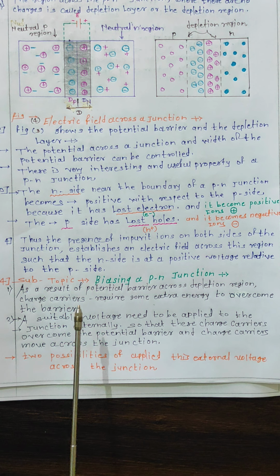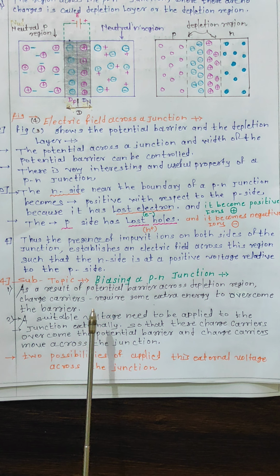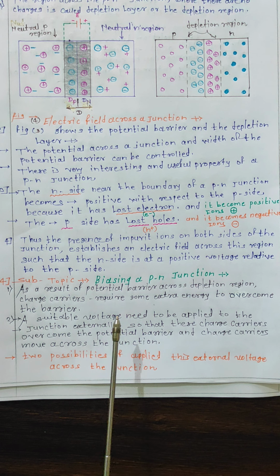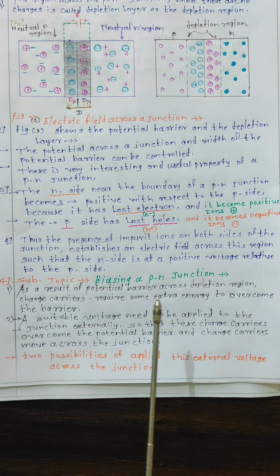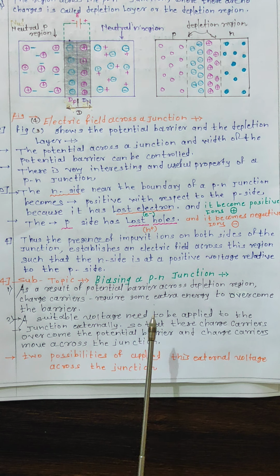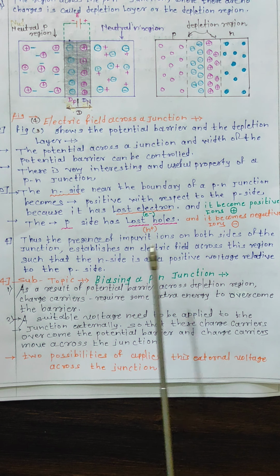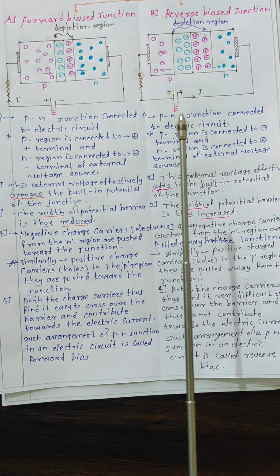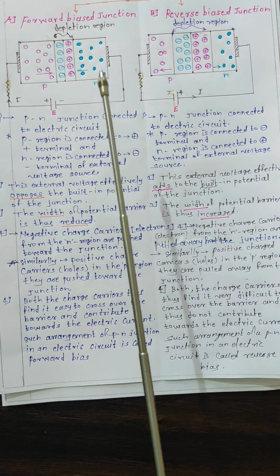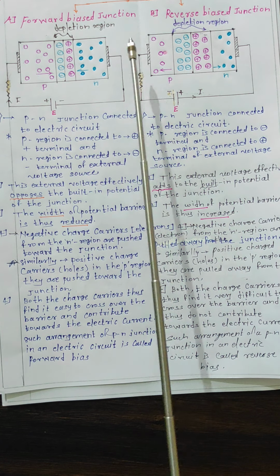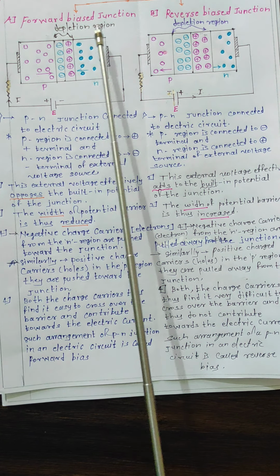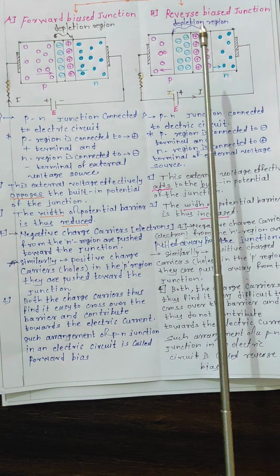Then next, two possibilities arise in this junction when applying the external electric field, or external potential difference, to the p-n junction. So an external voltage is applied across the p-n junction, and two conditions are formed: one is the forward bias junction and the other is the reverse bias junction.